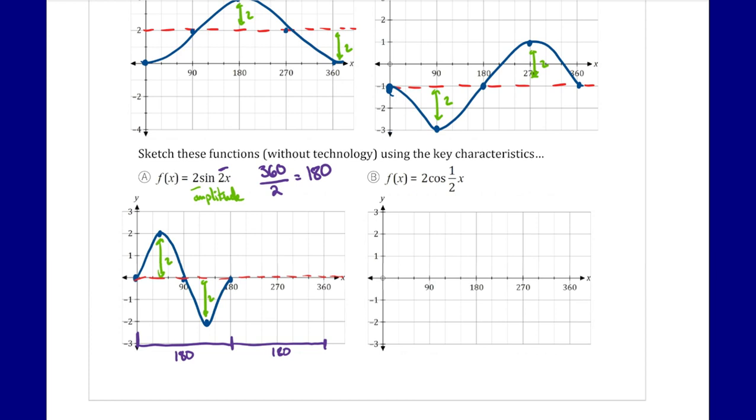So what happened? Well, the x values changed. This maximum used to be at 90, but now it's at 45. This midline here used to be at 180, now it's at 90. This used to be at 270, now it's at 135. And this used to be at 360, now it's at 180.